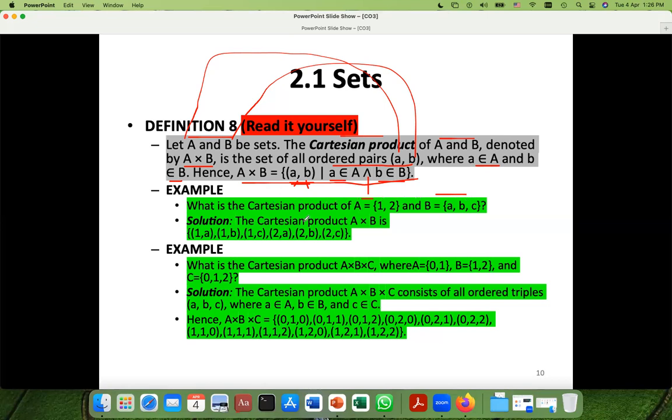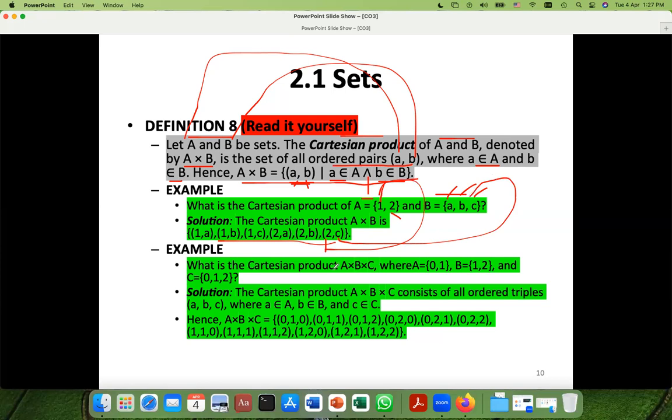It's easy. A cross B would be just take the first element and make pairs with all these elements 1 by 1. So 1A, 1B, 1C, and then take the second, and then 2A, 2B, 2C, and you have these pairs. And in all these pairs, the first element belongs to set A, and the second element belongs to set B.